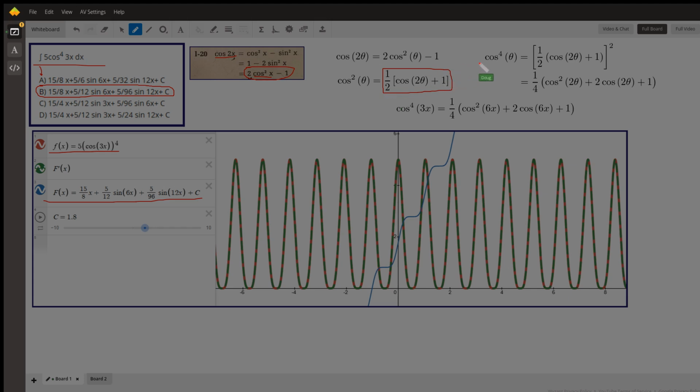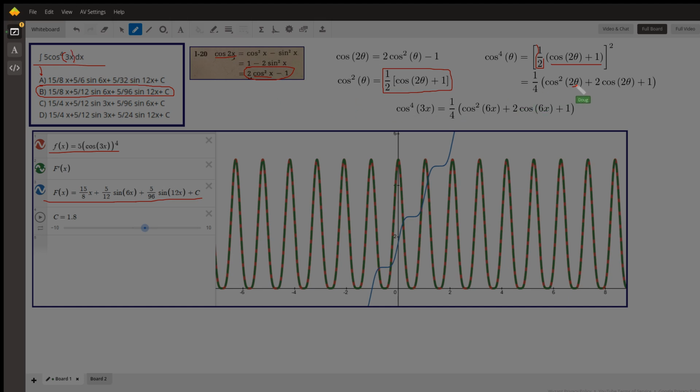Okay, now if we raise that expression to the fourth power, well, we got to square this factor. That's the 1/4, and then apply squaring a binomial here, gives us the perfect square trinomial. And then our goal is to replace theta with 3x because we actually have cosine to the fourth of 3x, not theta.